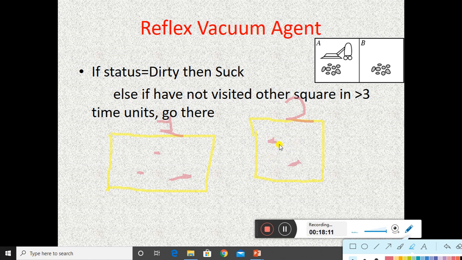And if it has only cleaned for 1, so this reflex vacuum cleaner sends the agent to clean this place as well. So this is reflex vacuum agent, that it has a memory of recent activities.